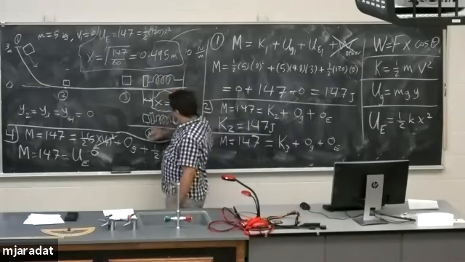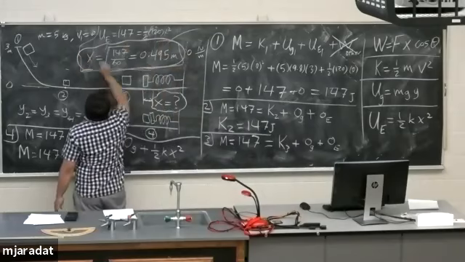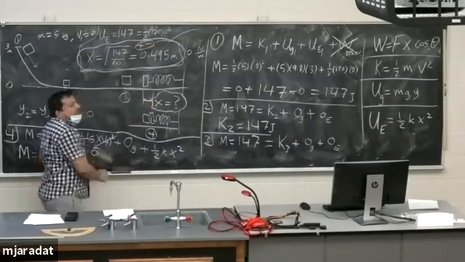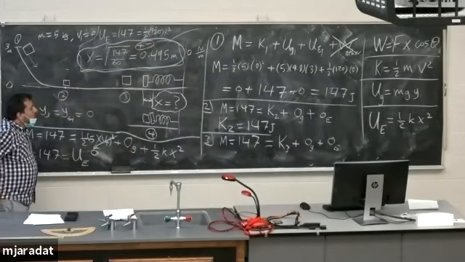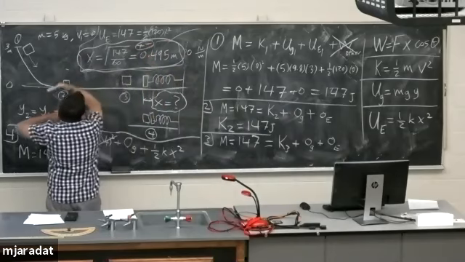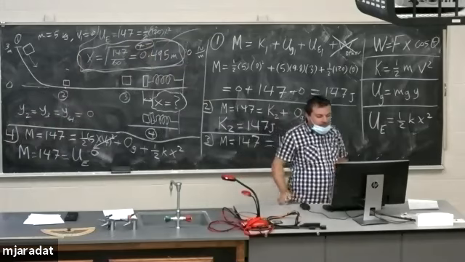So this is X. Positive or negative, I don't care, because I know the meaning of that. If I suppose this is the positive direction, then it is positive. If this is the negative direction, then it is negative. It's okay.